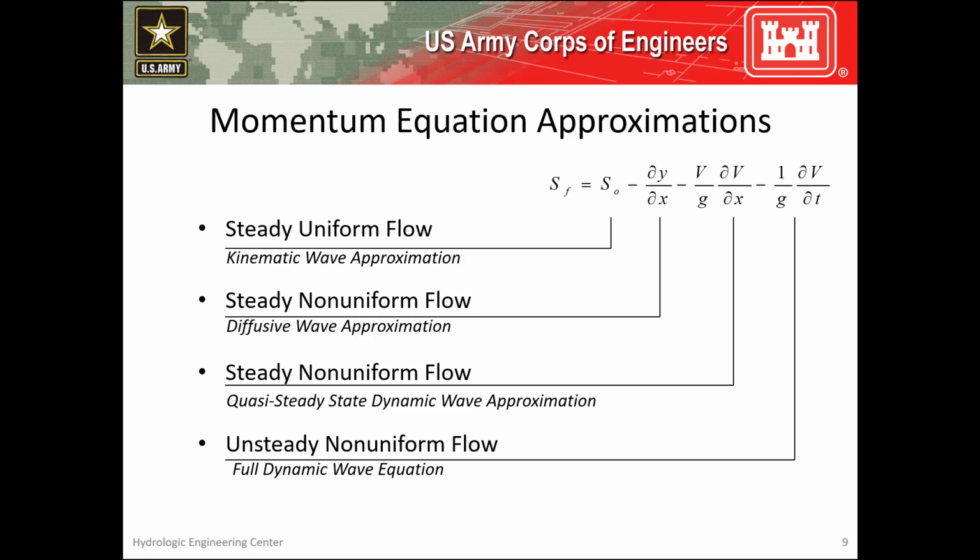Depending on the relative importance of the various terms of the momentum equation, it can be simplified for various applications and not lose too much predictive power. Approximations to the full dynamic wave equations are created by combining the continuity equation with these various simplifications. And the most common approximations of the momentum equation are shown here and include the kinematic wave, diffusive wave, and quasi-steady state dynamic wave approximation.